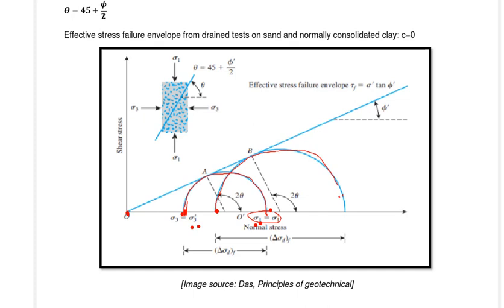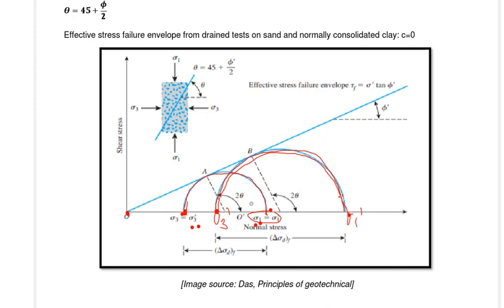So magkakaroon na tayo ng larger failure ng Mohr circle. So for the second test, meron tayong sigma 3 and sigma 1.